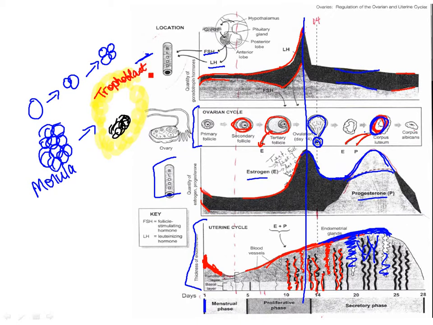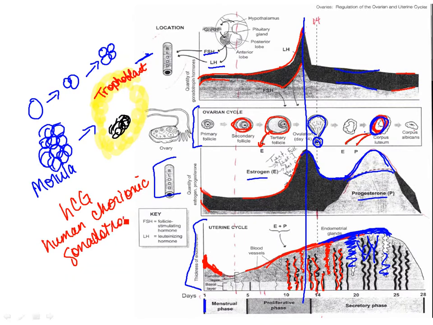Okay, that trophoblast is going to secrete HCG, human chorionic gonadotropin. Now, this is what you detect when you pee on a stick, but that's not why it's there. That trophoblast secretes human chorionic gonadotropin because it tells the corpus luteum not to degenerate.